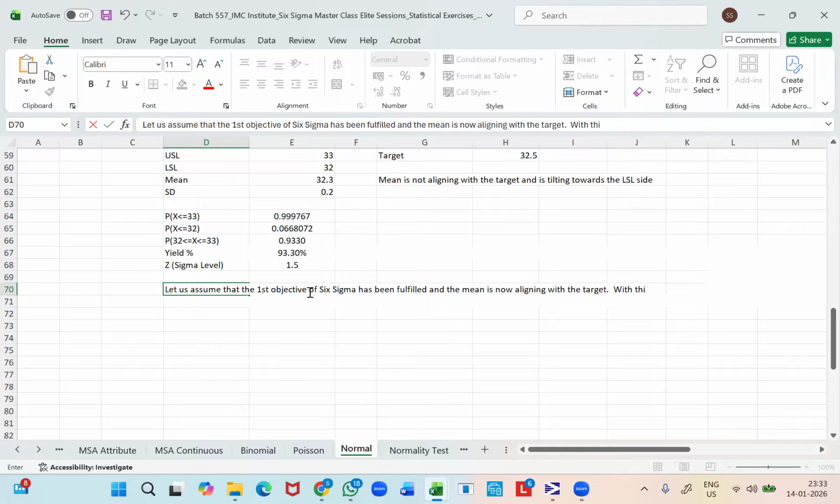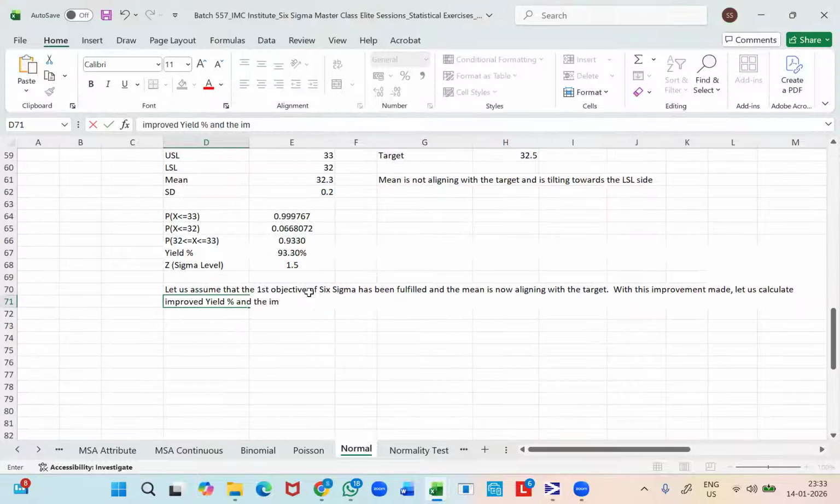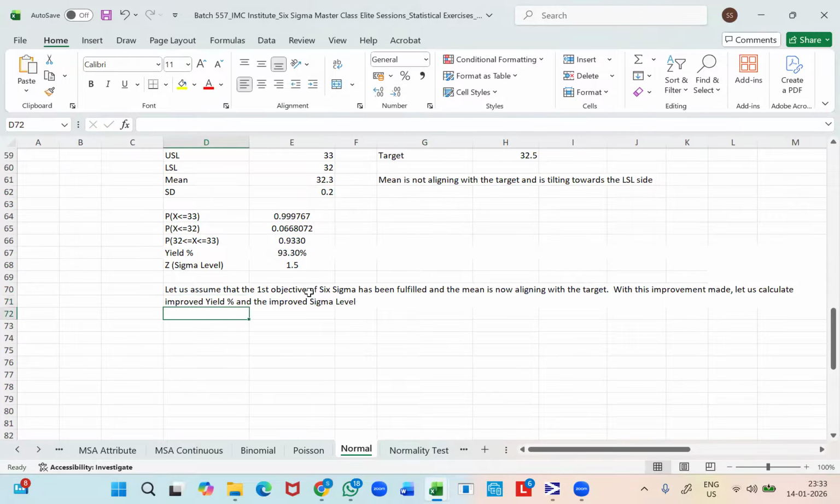So with this improvement made, let us calculate the improved yield percentage and the improved sigma level. Let us see how far we are able to improve the yield percentage and by how much the sigma level has also increased.